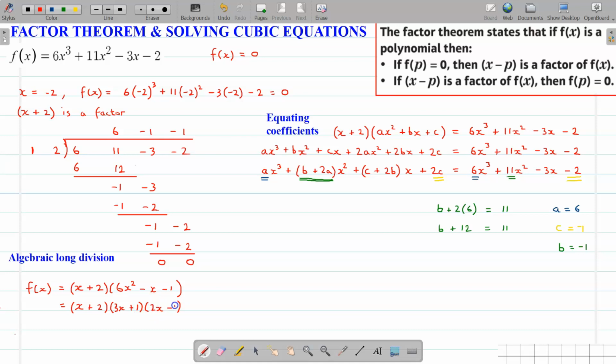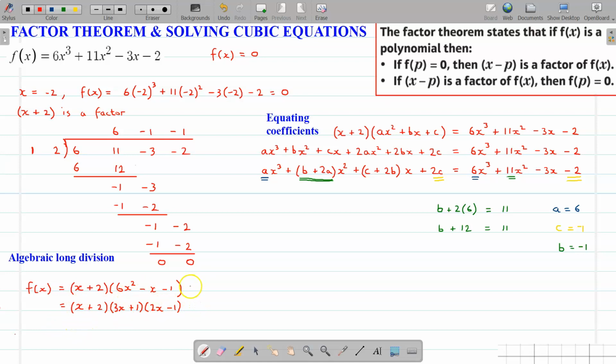Because remember the plus 1 times the minus 1 would give you the -1. The 3x times 2x would give you the 6x squared. To get the -1x, we've got minus 3x here with the outer term plus 2x, which indeed gives us -1x. So that's what the function is.